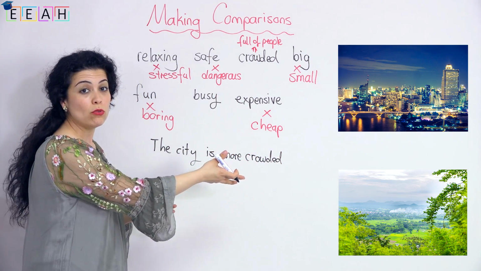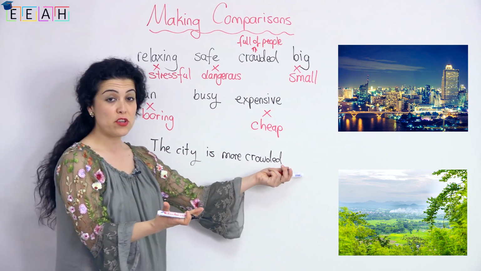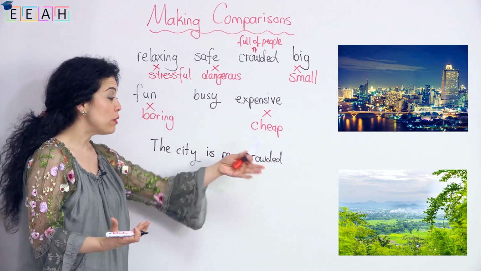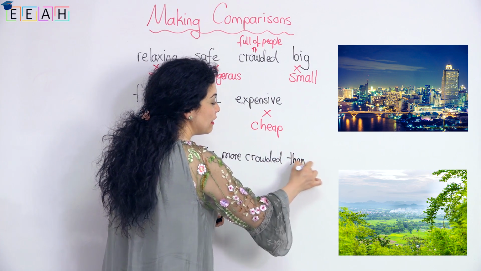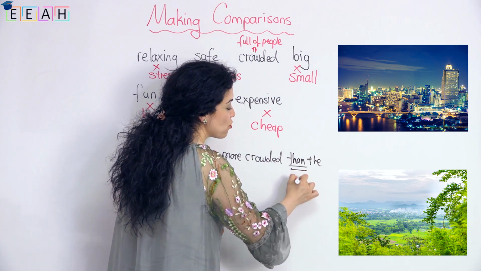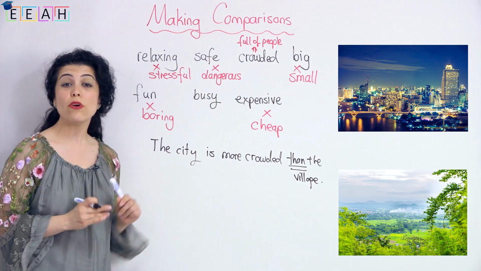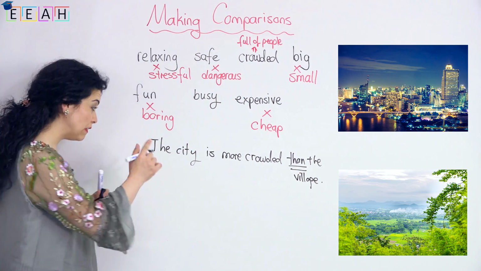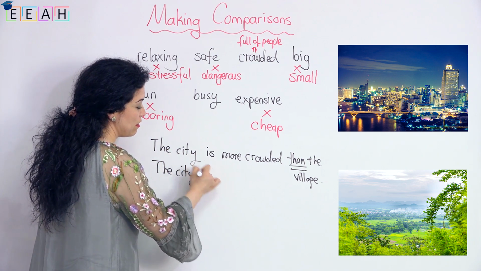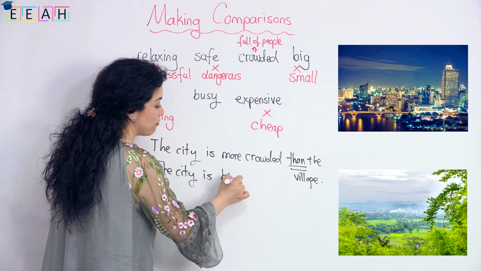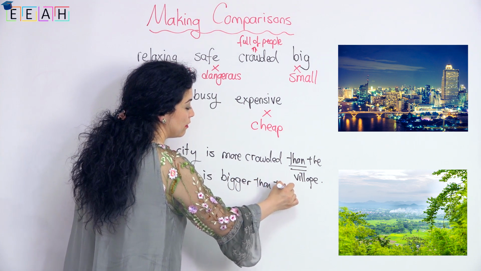Because I know that we are comparing it with the village, I don't finish up, but you can as well continue and say, the city is more crowded than the village. Okay? Another one. Which one is bigger usually? The city is the bigger, yes? The city is bigger than the village.